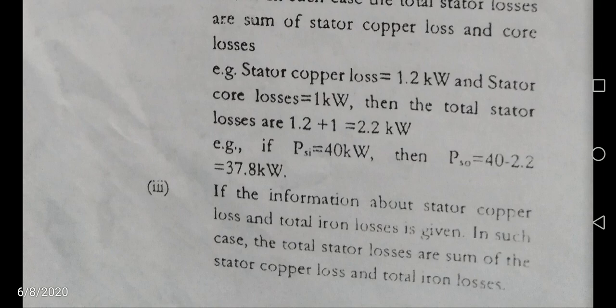So you should remember that in a stator both constant and variable losses are there, and in a rotor there are only variable losses, that is copper losses are present, but there are no constant losses because the frequency is very low in the rotor circuit.